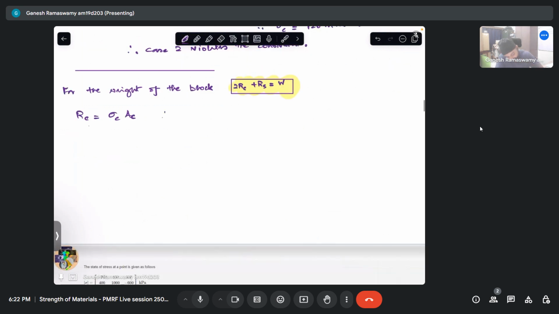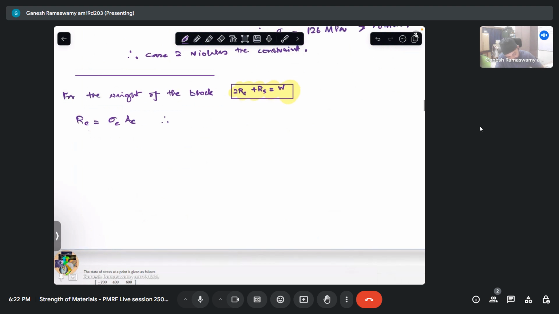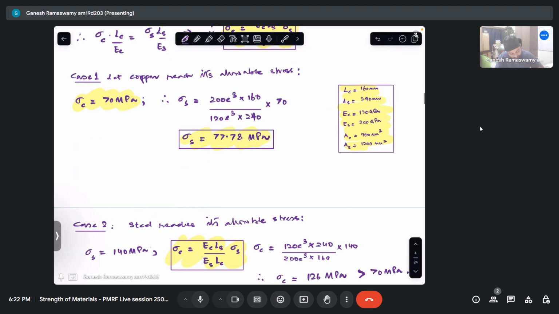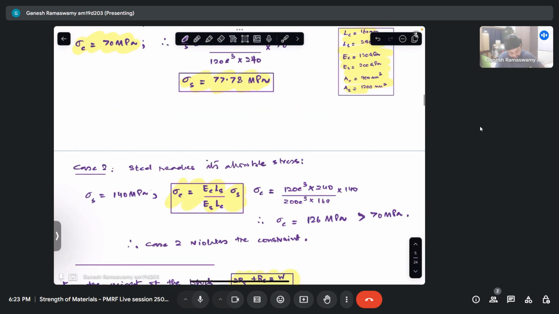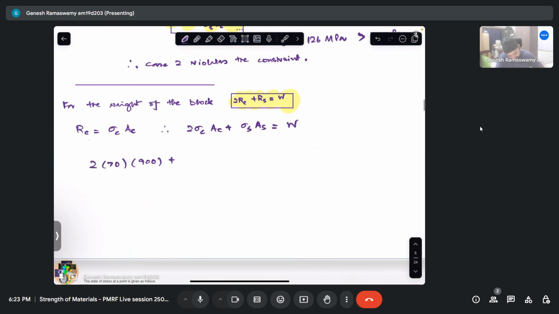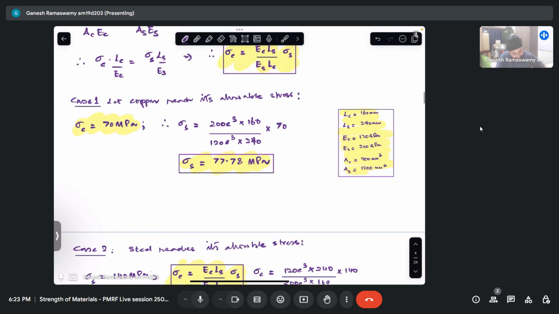So therefore, this is 2 sigma C AC plus sigma S AS equal to W. And the left side is entirely known. So this is 2 into 70 MPa into AC, which is 900, plus sigma S, which is 77.78, into AS, which is 1200 mm squared.